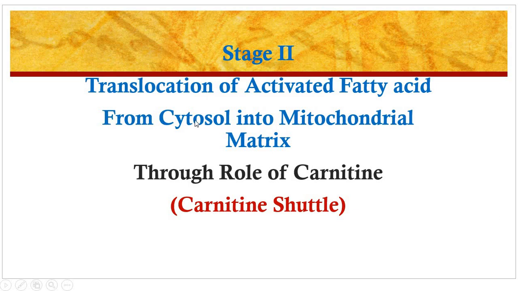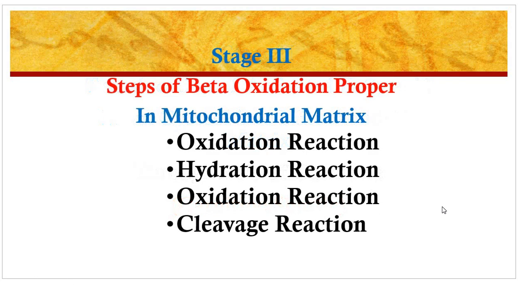Stage 2 is the translocation of the activated fatty acid from the cytosol into the mitochondrial matrix through the role of carnitine, that is the carnitine shuttle. And the third stage is the steps of the beta oxidation proper, which takes place in the mitochondrial matrix, and there are 4 different reactions in stage three.